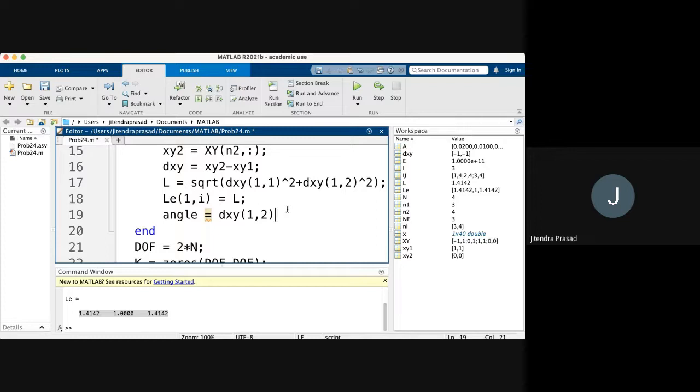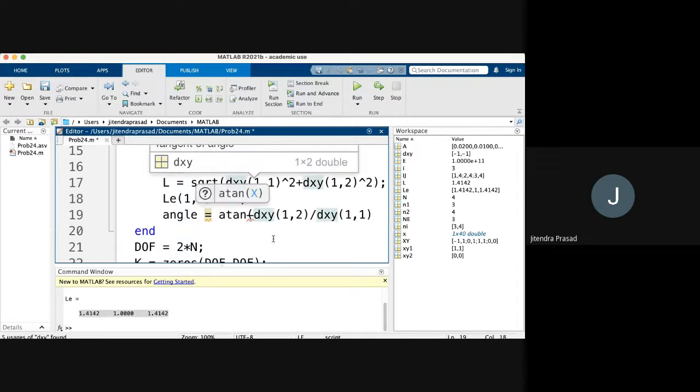So this has the del y component, right, divided by dxy 1 1. Yeah, so this is the x component, so dy over dx. Yeah, and we have to take a tan of it, right? So a tan of that.